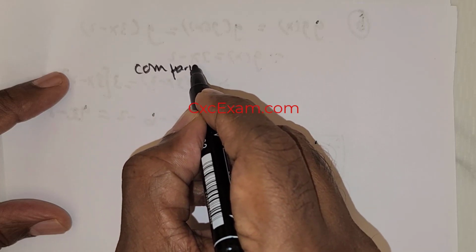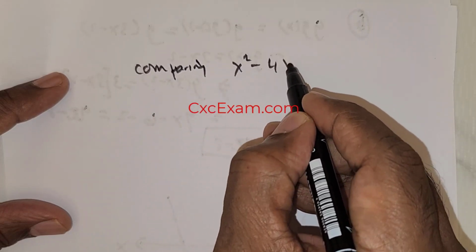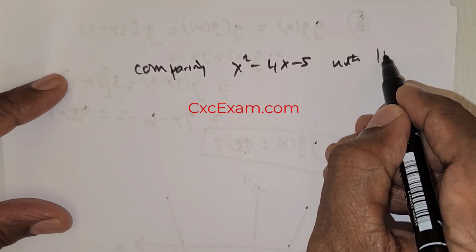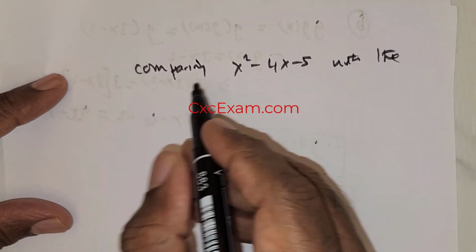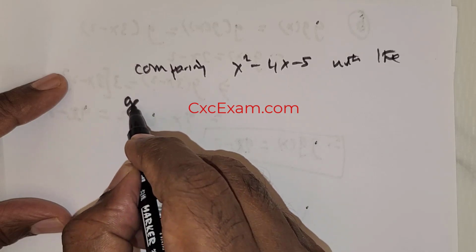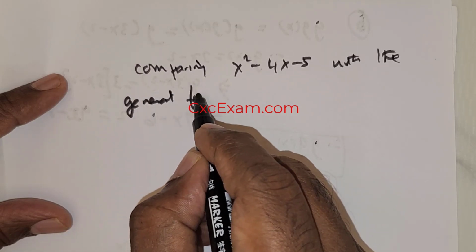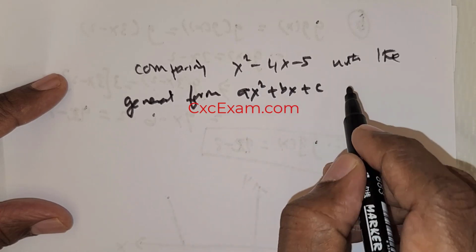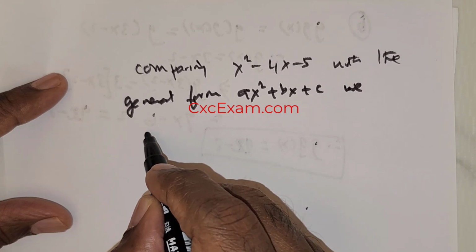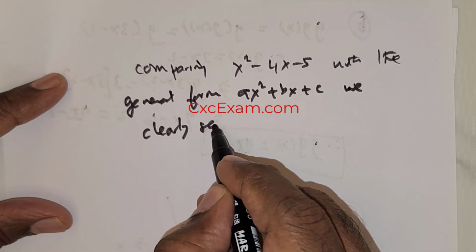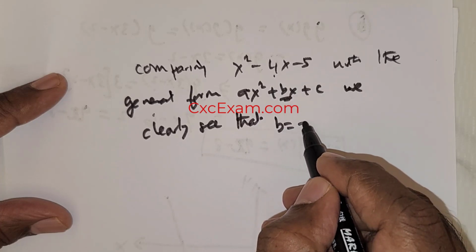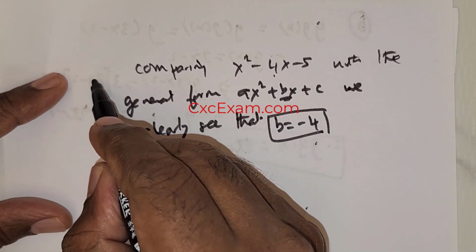Comparing x squared -4x -5 with the general form ax squared positive bx positive c, we clearly see that, what do you see? B is equal to -4. So you have to state it like this.